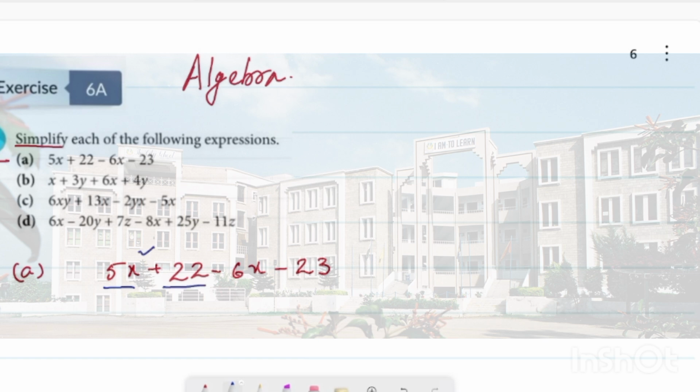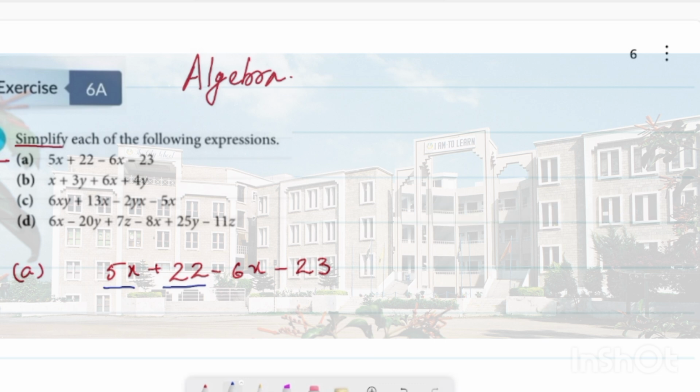This is an x term and this is a pure number. In algebra, we cannot add different items, like 22 cars cannot be added with 5 trucks. These are two different things, so we can't add them.